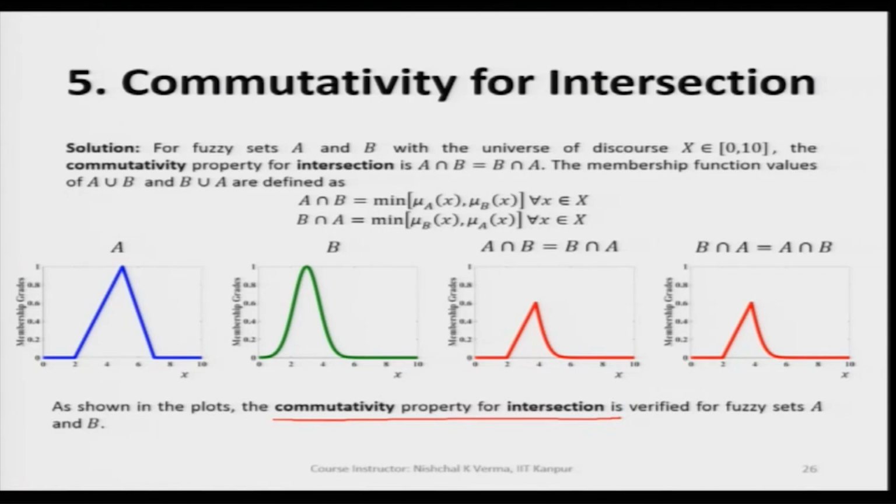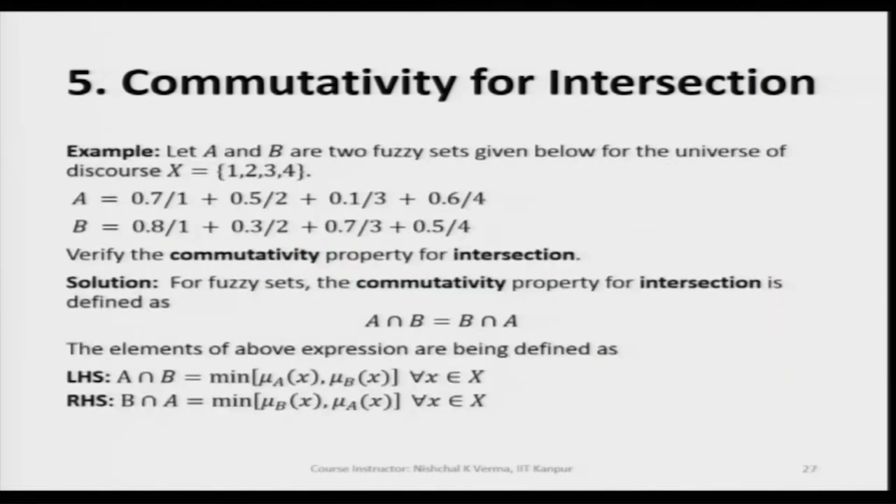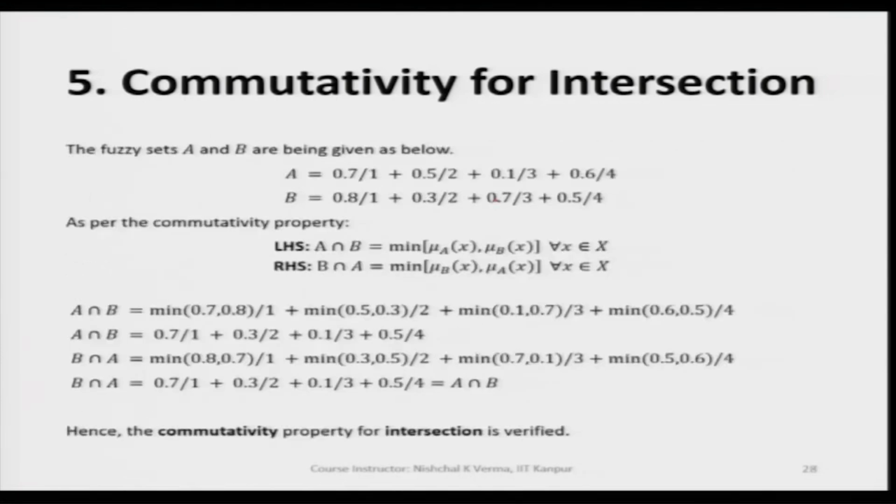Now, again if we take the discrete fuzzy sets A and B, here also we see that A intersection B, for discrete fuzzy set A and discrete fuzzy set B, we have the outcome as 0.7/1 + 0.3/2 + 0.1/3 + 0.5/4.